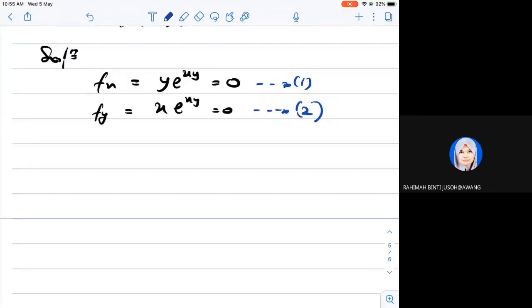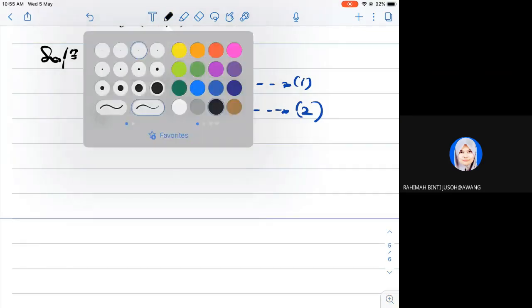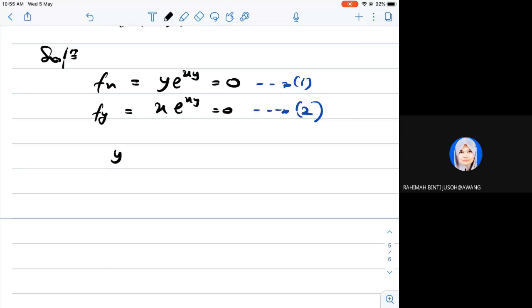Okay guys, logically, secara logik ni kalau you solve simultaneous equation ni sekalipun, dia nak memenuhi, jadikan dia 0, of course lah. We will get contohnya y exponent xy equals to 0. Automatically y equals to 0, isn't it? Yang ni pula, ni pun sama. Sebab kalau kita bawa ke bawah pun dia akan jadi 0 kan. X exponent xy equals to 0, therefore x equals to 0 lah.